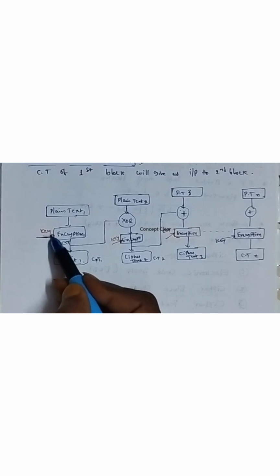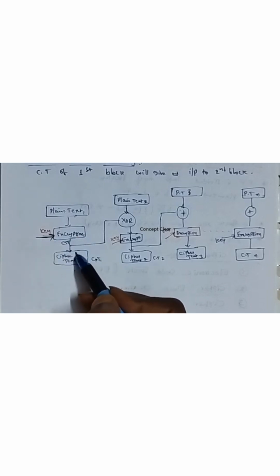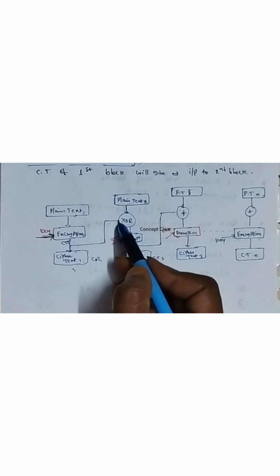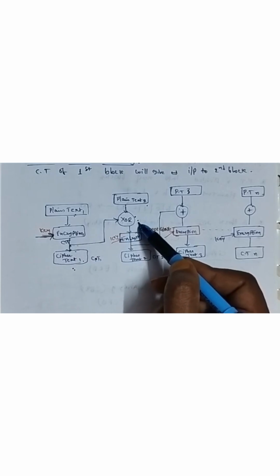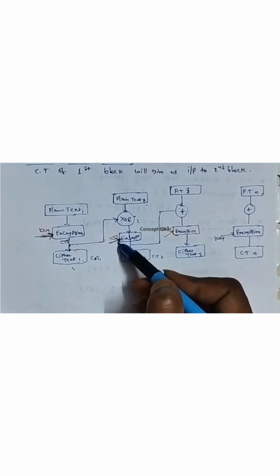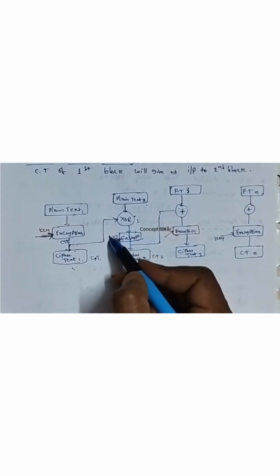See here, first, again the plain text is divided into a number of blocks. For the first block, the plain text is encrypted with the help of the key, and we get ciphertext 1. This ciphertext is given as input to the second block's XOR operation. Here the block 2 plain text is XORed with the previous block's ciphertext, and that result goes to the encryption algorithm, where we perform encryption with the key.